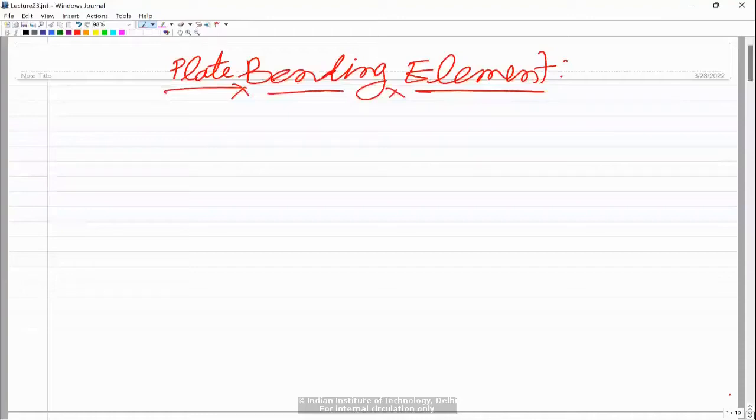So what I think I had discussed is this displacement approximation. So we are going to restart from there.